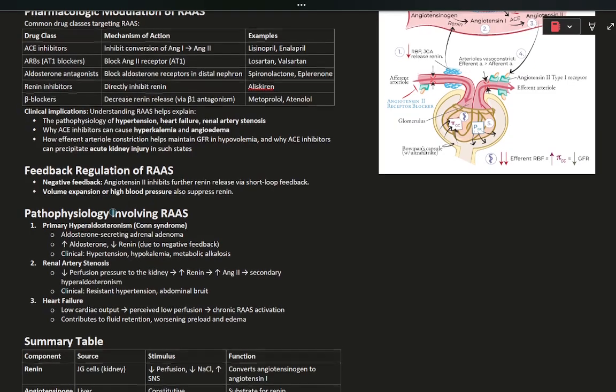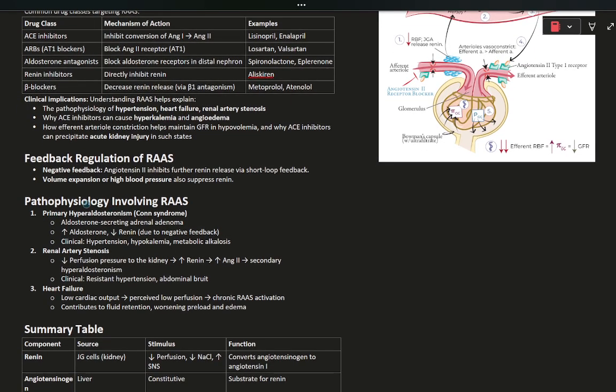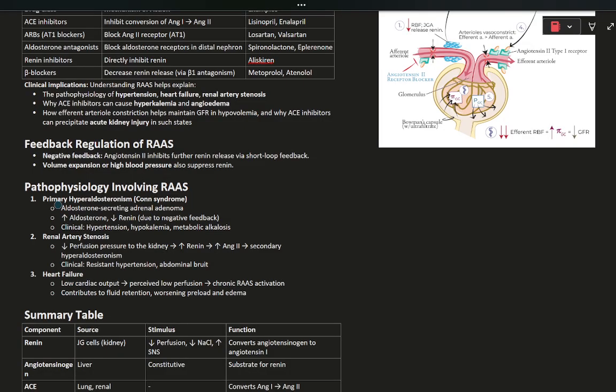And then let's talk a little bit about the pathophysiology behind the RAAS system. First one is called primary hyperaldosteronism. This involves an aldosterone-secreting adrenal adenoma, so a tumor that leads to increased aldosterone secretion, hence the name hyperaldosteronism.